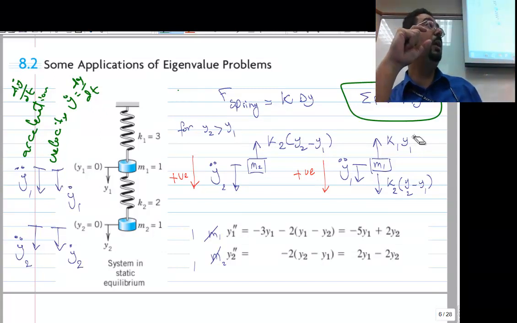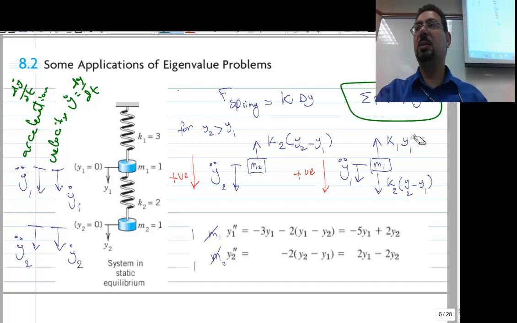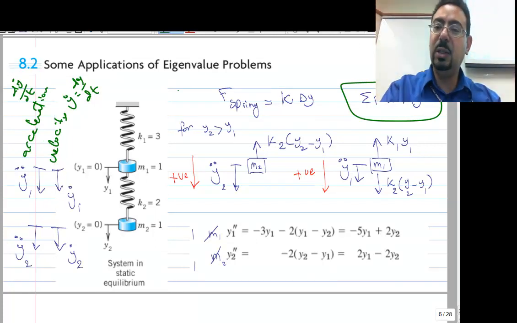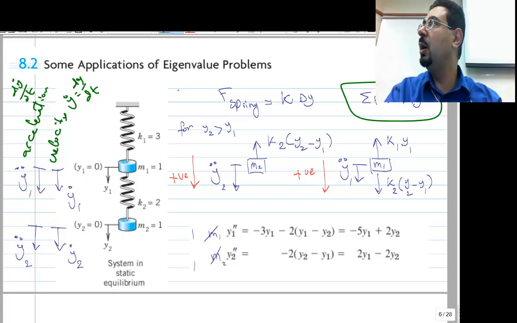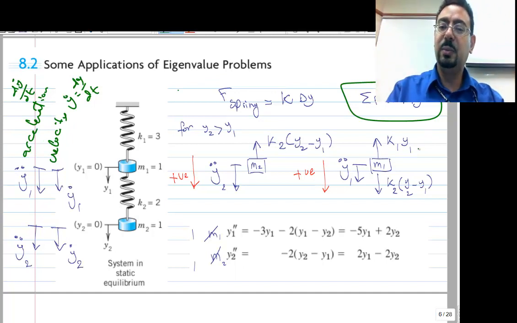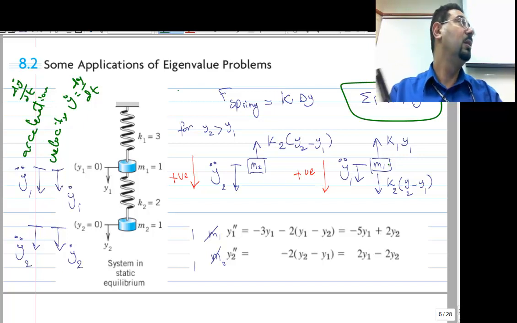And those two equations will be differential equations, right? Because you have d2y by dt squared, the second derivative of y. So this will end up being a differential equation in y1 and y2 when we write it for the second mass.